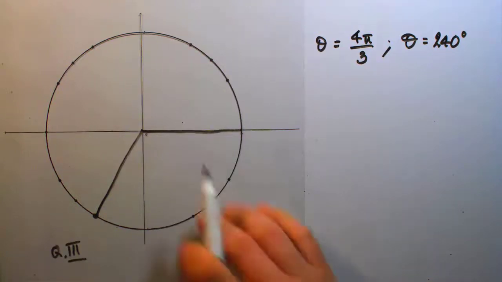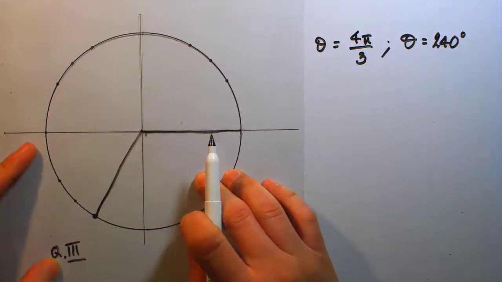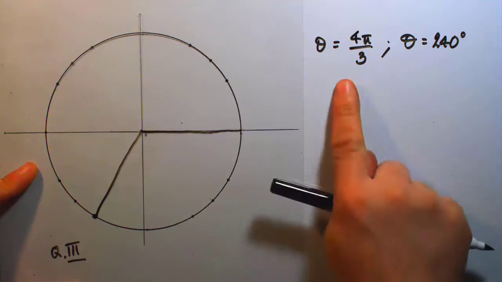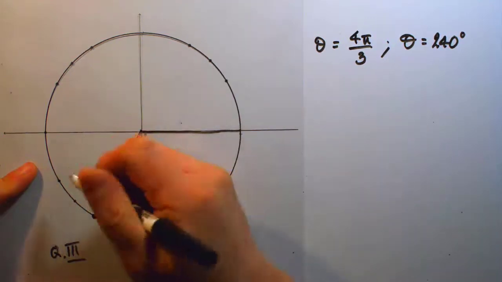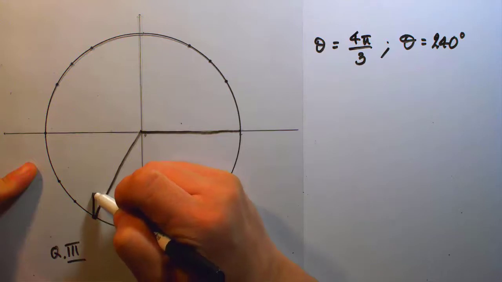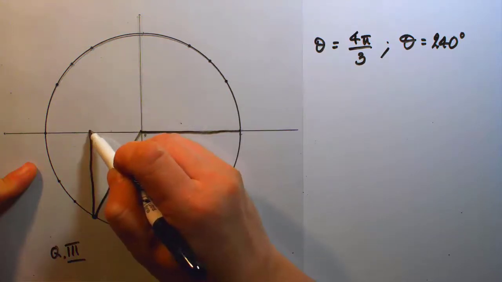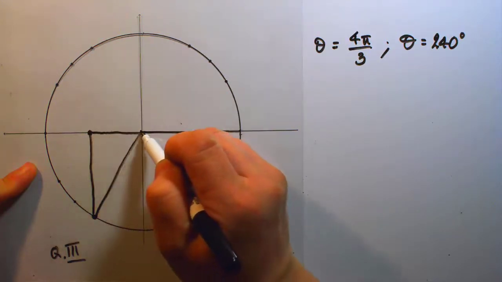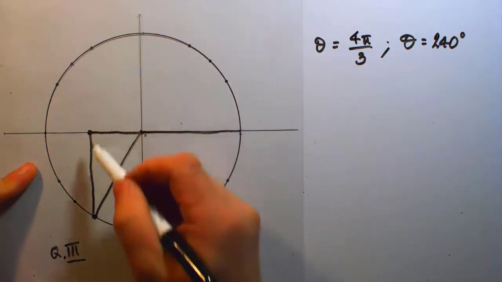To find the sine and cosine values for this angle in particular, let's draw the x and y coordinates here. So here's my x coordinate and here's my y coordinate.